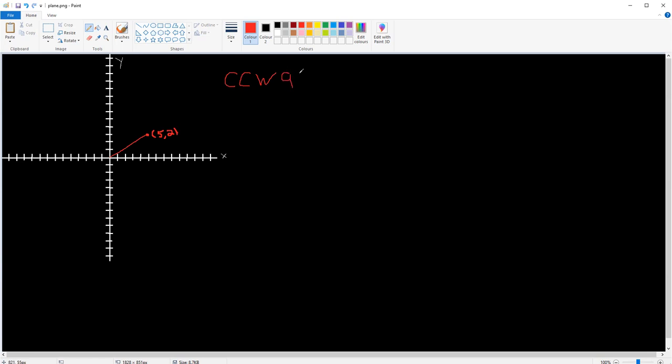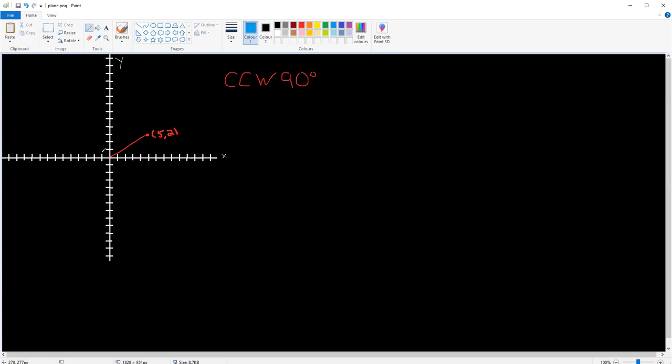Or I could say that I rotated it clockwise 270 degrees. It would end up in the same space. So I don't have to really remember one equation, just remember that it's counterclockwise 90 degrees, or clockwise 270 degrees. So to figure this out, I'm going to draw a 90-degree angle, right?